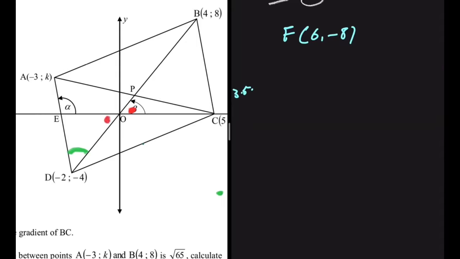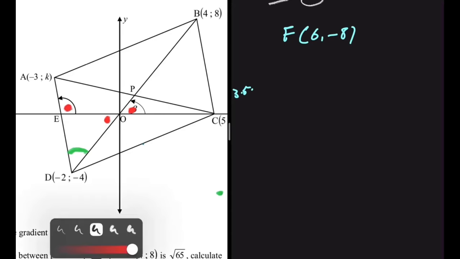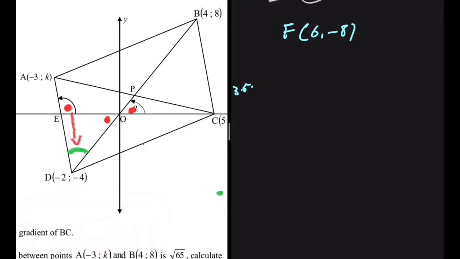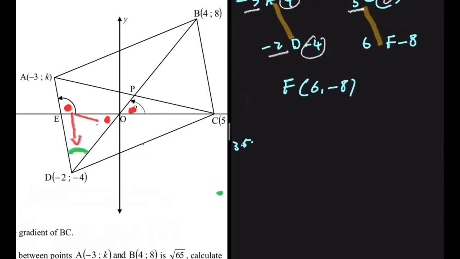I think they are called vertical opposite angles, and they're supposed to be equal to each other. So I can use that angle to find this angle, and then I can find this angle. And then that angle should be equal to our angle of interest plus this angle here. The exterior angle of a triangle is equal to the sum of the two opposite interior angles.